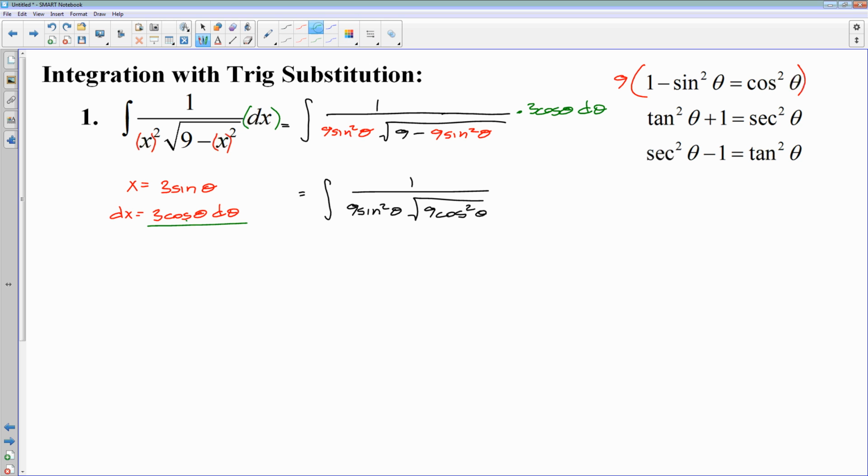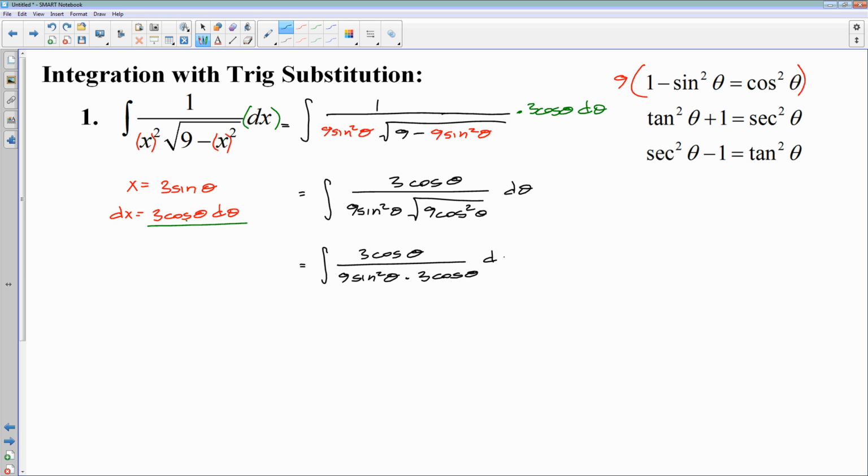Then I do have that 3 cosine theta d theta right here, which I'm going to put in the numerator. So that's 3 cosine theta on top, the 9 sine squared is going to stay there, but the square root of 9 cosine squared would be 3 cosine theta.